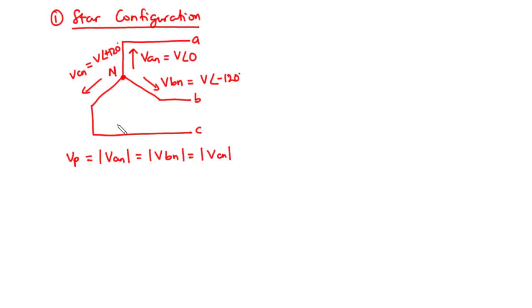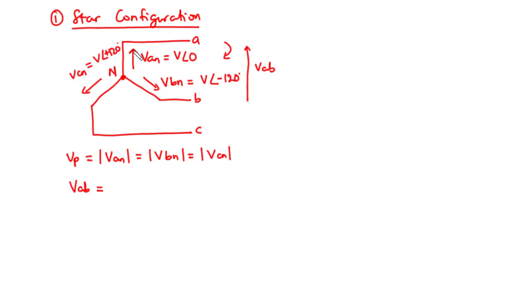So let's try to find the line voltage VAB. So the line voltage VAB is equal to, now we are going to take the positive sequence, that is the clockwise direction.